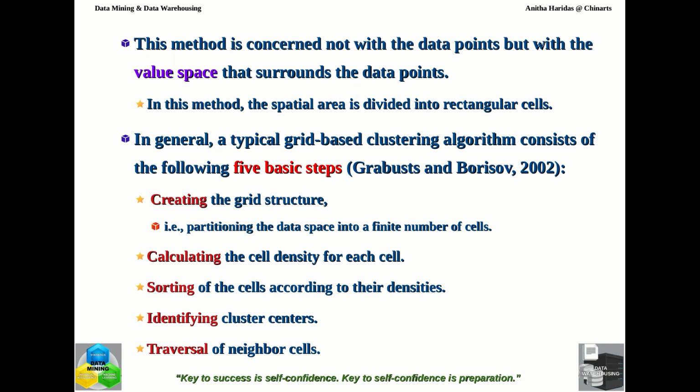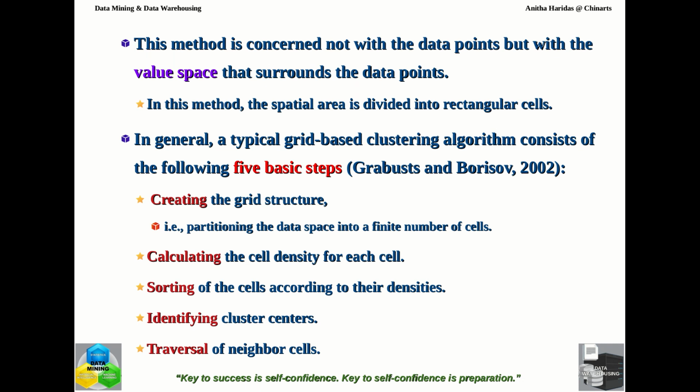Cell density means how many data points are available in each cell. Then sorting of the cells according to their density, right? Whichever cell has the maximum number of data points is the highly dense cell. So that kind of sorting will be done.